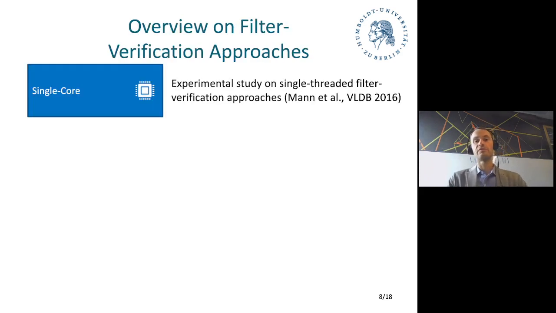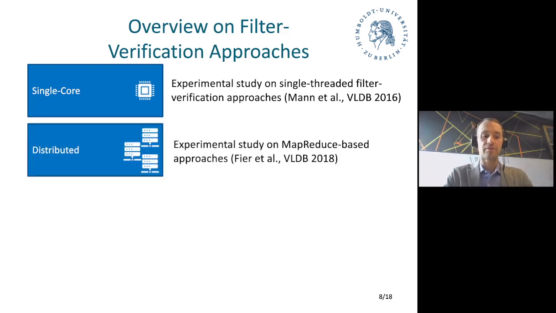So this is an overview on filter and verification approaches so far and where our new approach comes in. So first, single core algorithms came up, and there's an experimental study on many of these, or up to that time all of them, from Mann et al. in VLDB 2016.